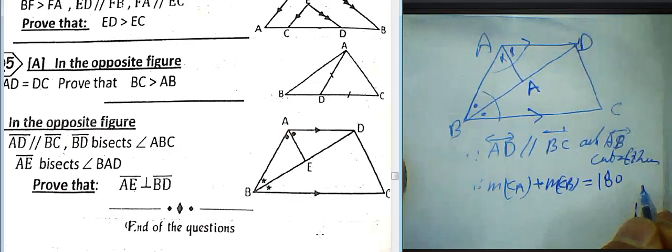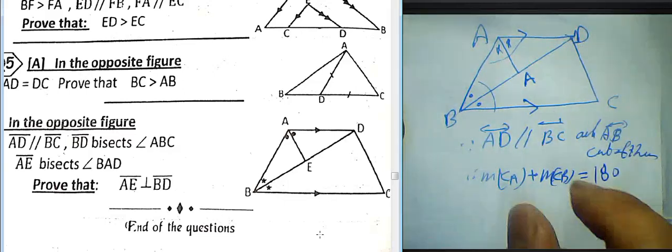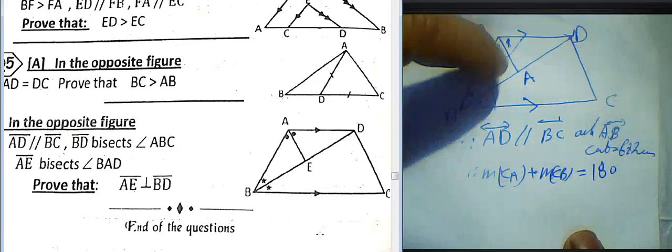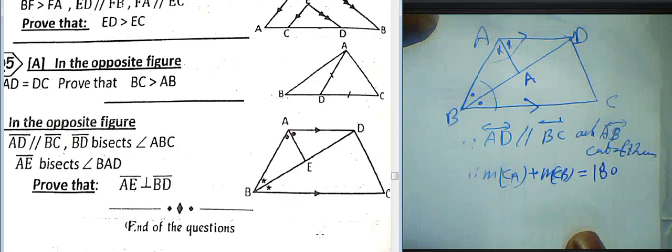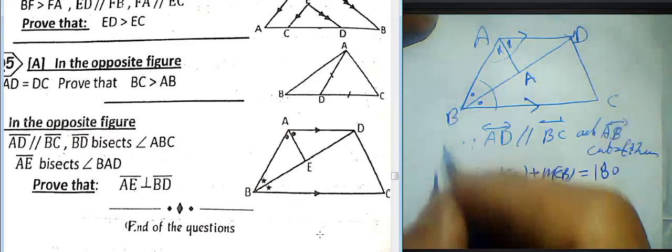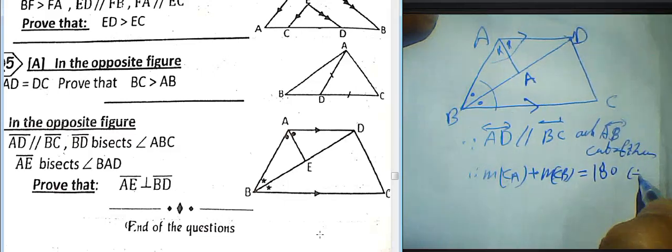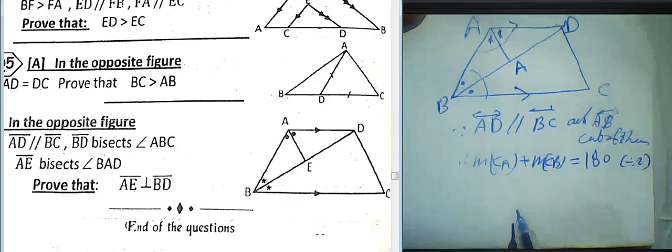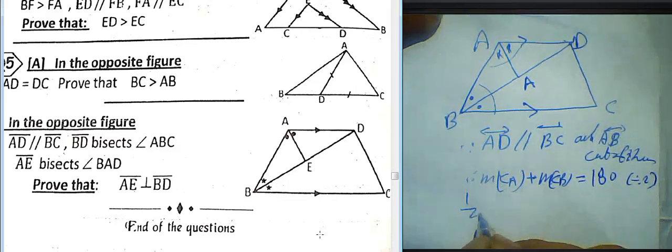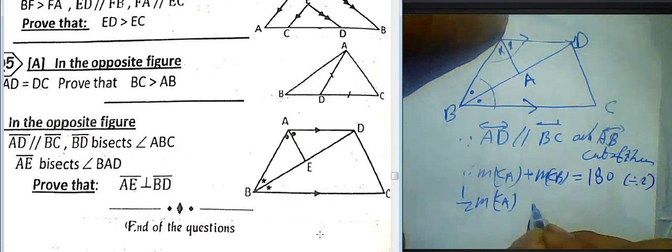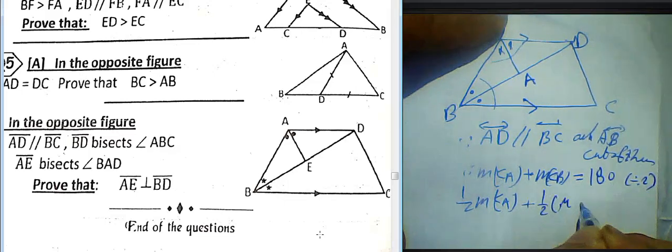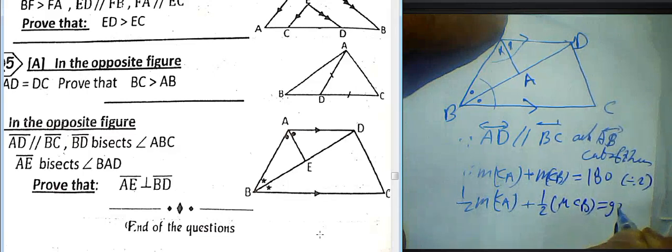Why? Because we have two interior angles on the same side. Okay, then the sum of their measures equals 180, so we can divide all the steps by 2. Then half of measure of angle A plus half of measure of angle B equals 90 degrees.